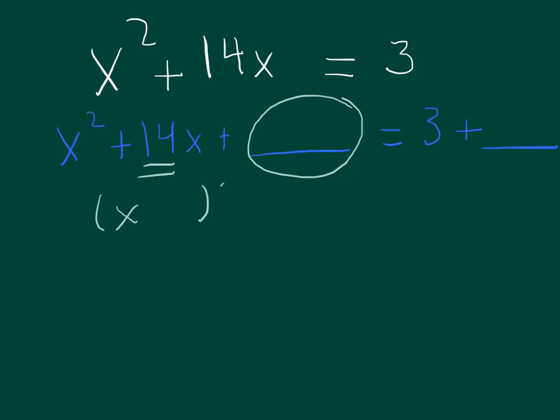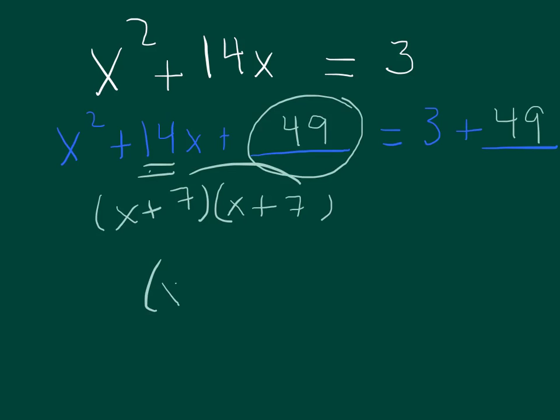So I'm thinking about x plus what and x plus what. And your 14 would have to be 7 and 7. When you take care of your FOIL, you're adding 49, because 7 times 7 is 49. If I add 49 to the left side, I have to add it to the right side to keep it equal. So that means the left side, I could actually call this x plus 7 quantity squared equals 52.